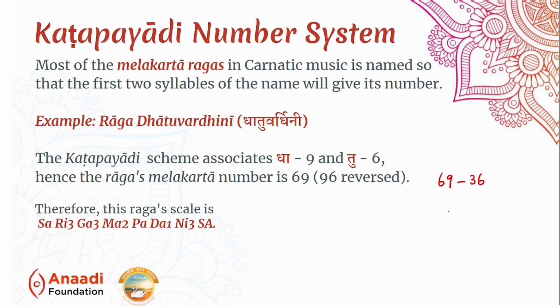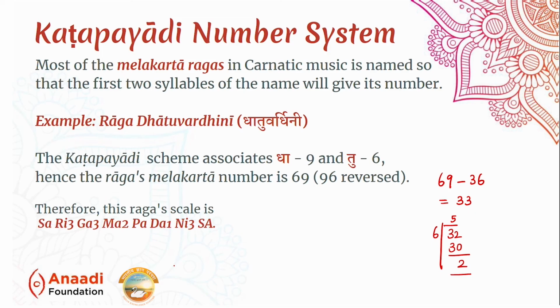So, what will we get? We will get 33. Now, reduce this by 1. We have 32. We divide this by 6. We get quotient as 5 and remainder as 2. Now, again, with the value of the quotient and the remainder, you can easily get the raga scale.